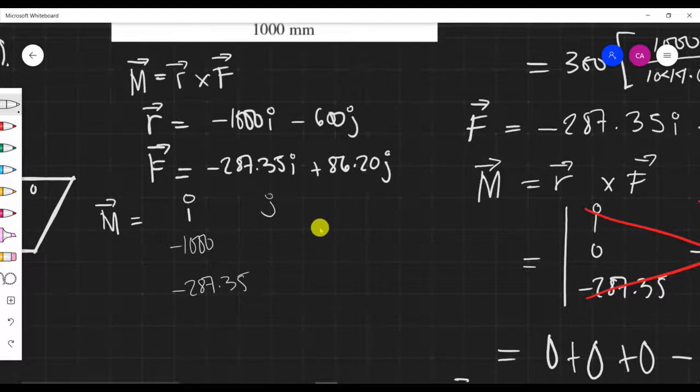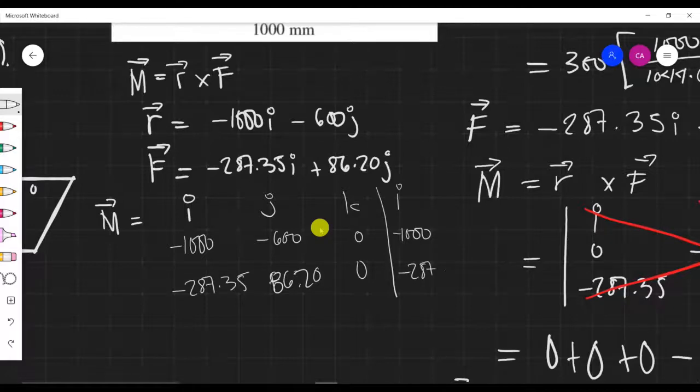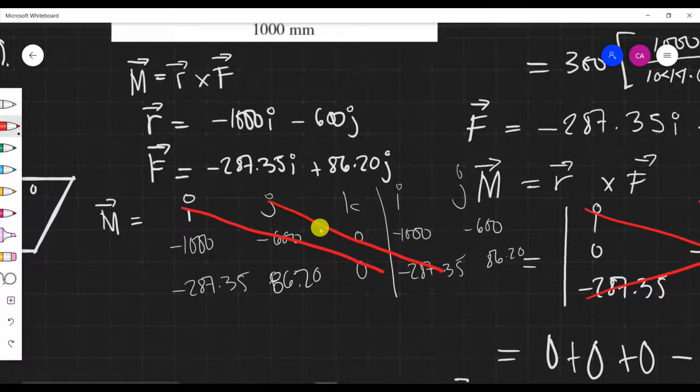Then yung J is negative 600, 86.20. Then K, 0, 0. Then kopya mo yung I, which is negative 1,000, negative 287.35. Then J, negative 600, 86.20. So, unang slash, 0 agad.